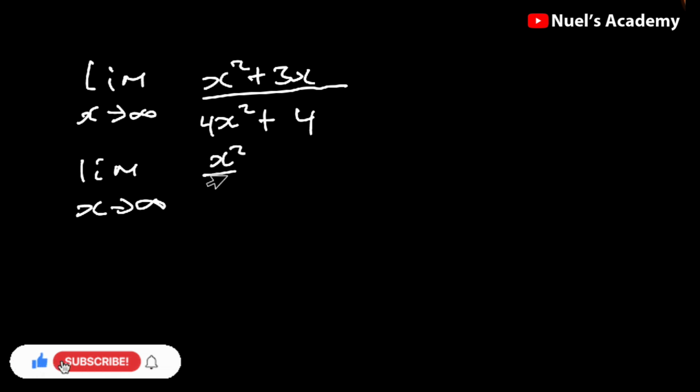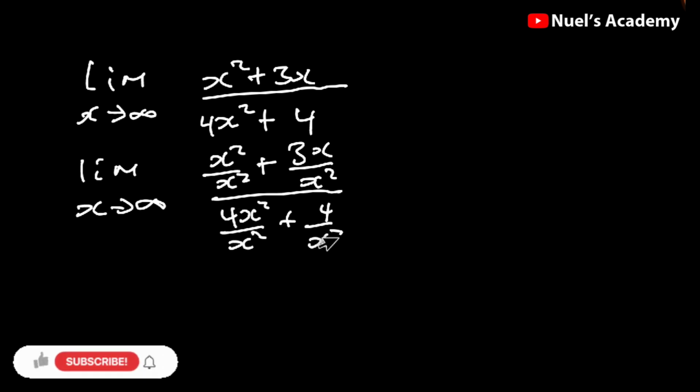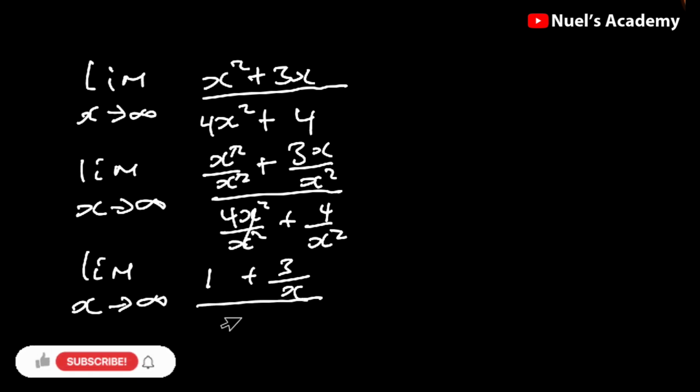So x squared over x squared is equal to 1, plus 3x over x squared will be 3 over x. Then this here will be equal to 4 plus 4 over x squared.